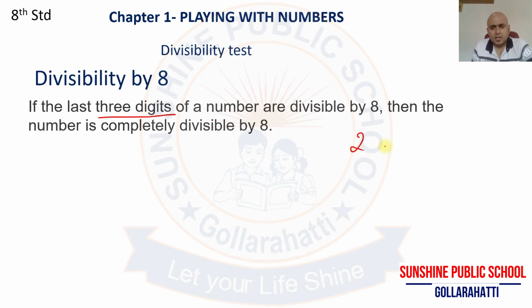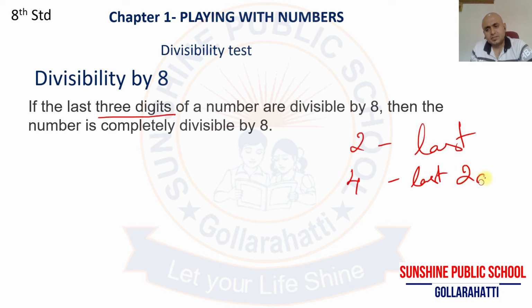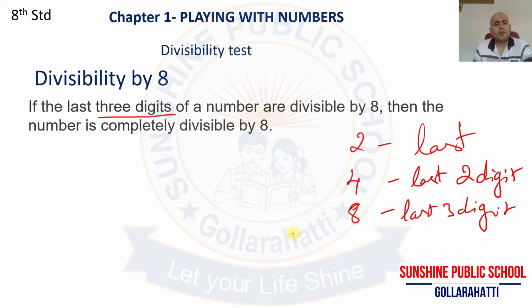To check divisibility by 2 we look at the last digit, for 4 we look at the last 2 digits, and for 8 we look at the last 3 digits. We take the last 3 digits and divide, and then we can say the full number is completely divisible by 8.